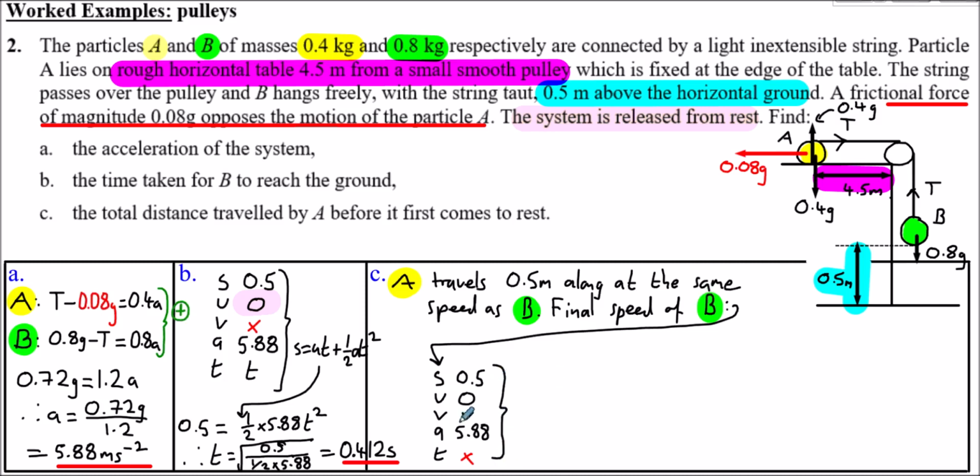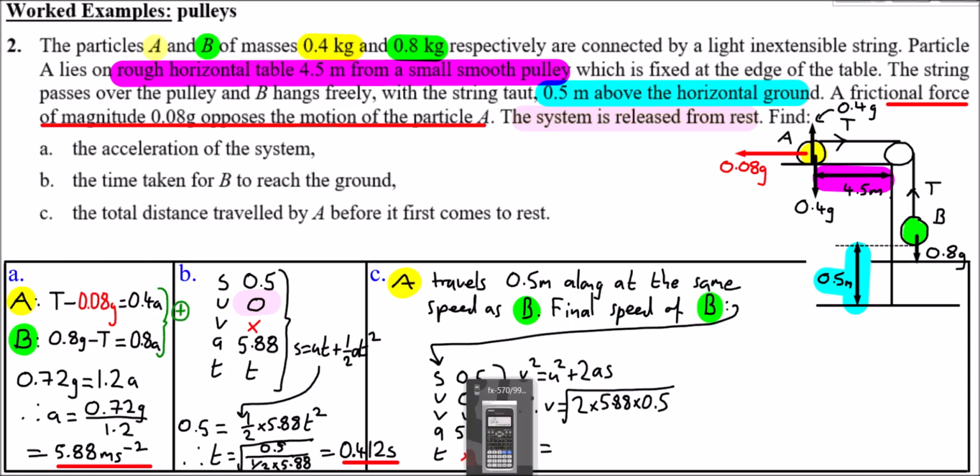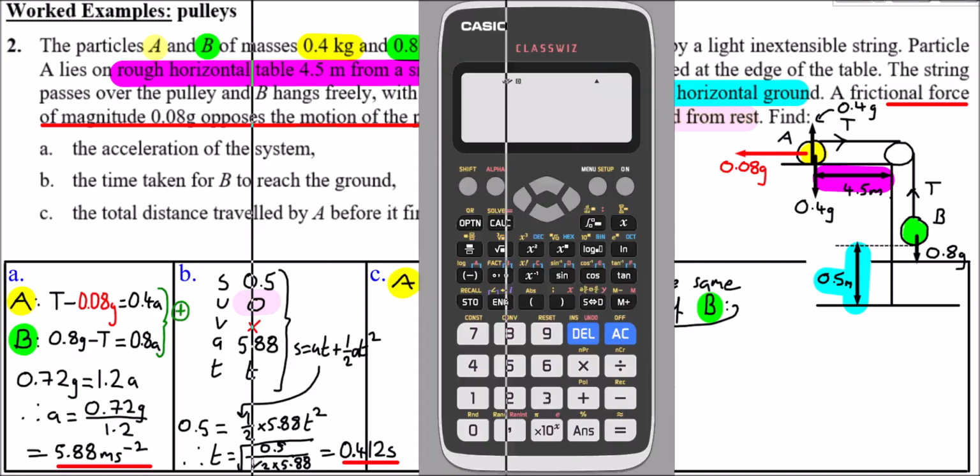So from here, which equation doesn't involve T for SUVAT equations? It'd be V squared equals U squared plus 2AS. So therefore V, U is 0, so U squared is nothing. It's going to be 2 times 5.88 times 0.5, all square rooted. So that's what that gives us.